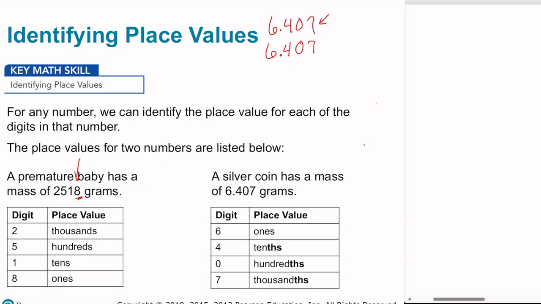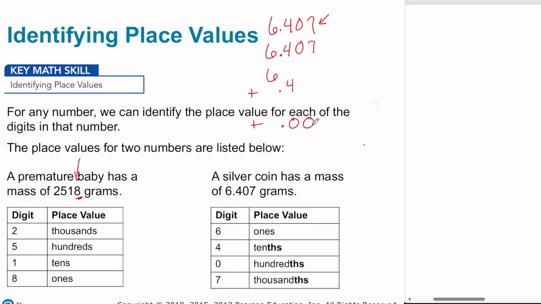We could add these digits together in the same way we did previously. We have 6 ones, so 6 grams, plus we can add 0.4 of a gram. So we would need 10 of those to make a whole gram. Plus we could add 0.00 for our hundredths of a gram.